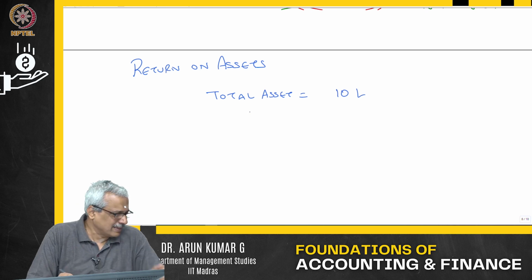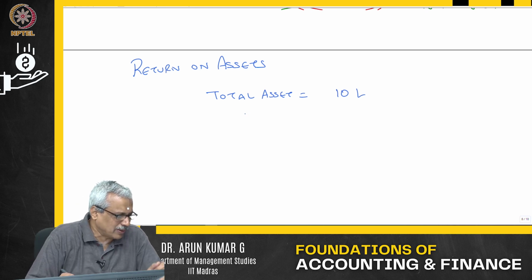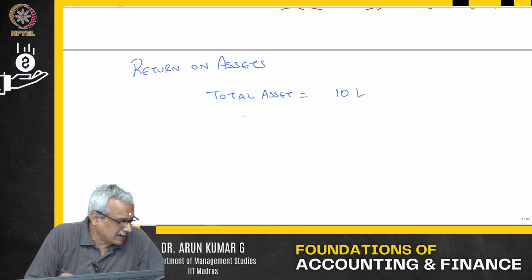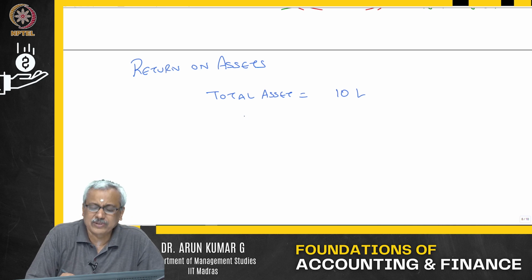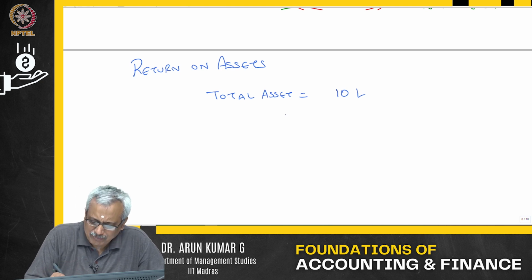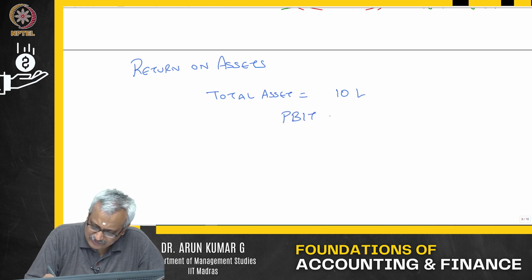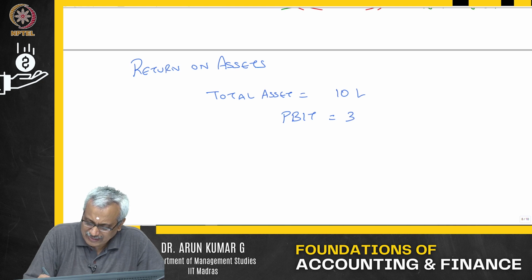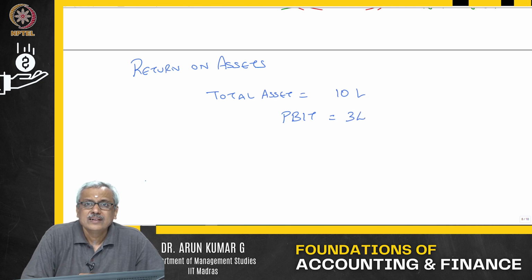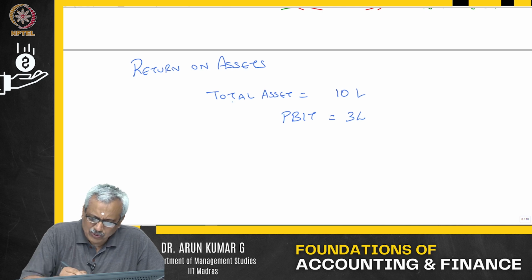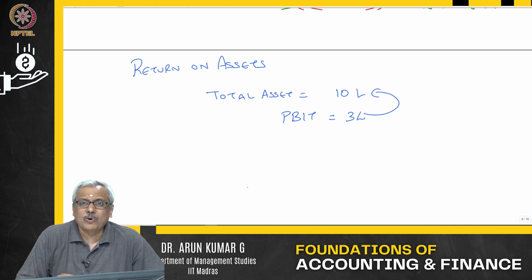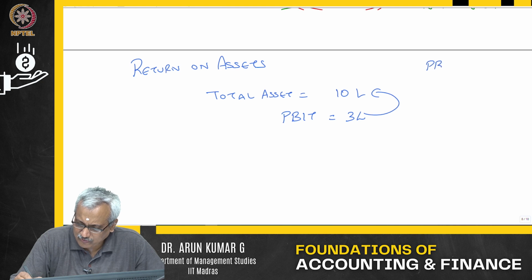My net income, or I would say my profit before interest and tax, is about 3 lakhs. So, I will say my profit before interest and tax into 1 minus the tax rate, divided by my total assets.